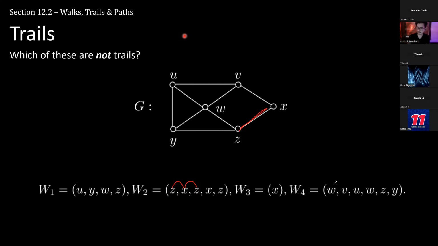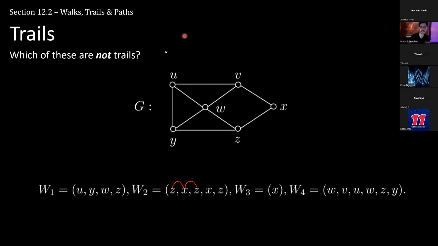Then you said 4. So let's look at 4. We go from w to v, and then from v to u, and then from u to w, and then from w to c, and then from c to y. So this one's fine, right? We cross the vertex w more than once, but we didn't cross an edge more than once.